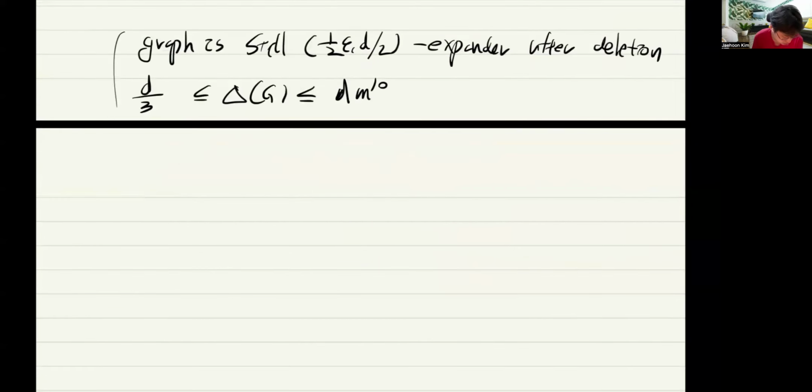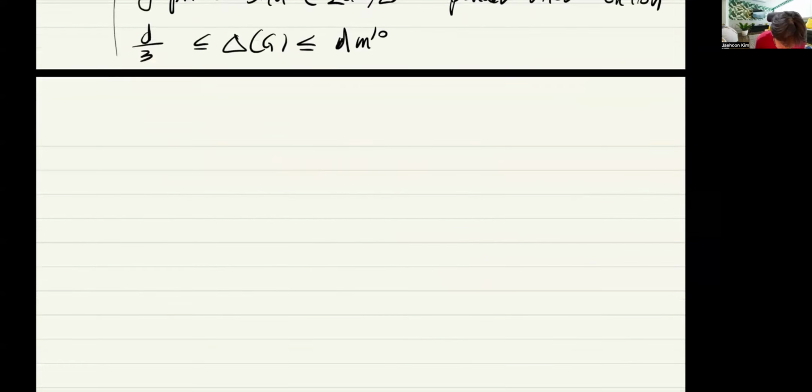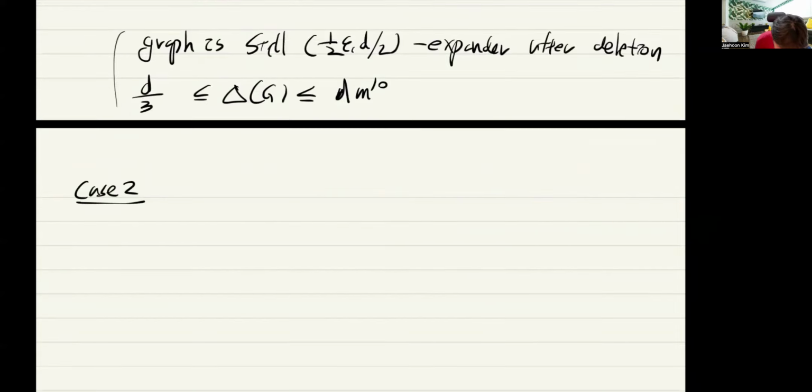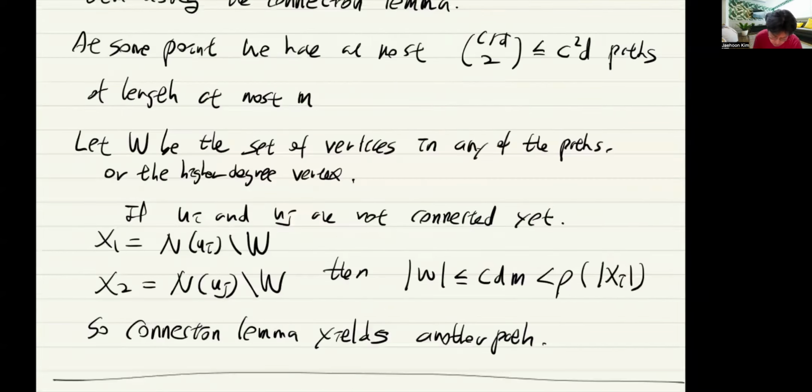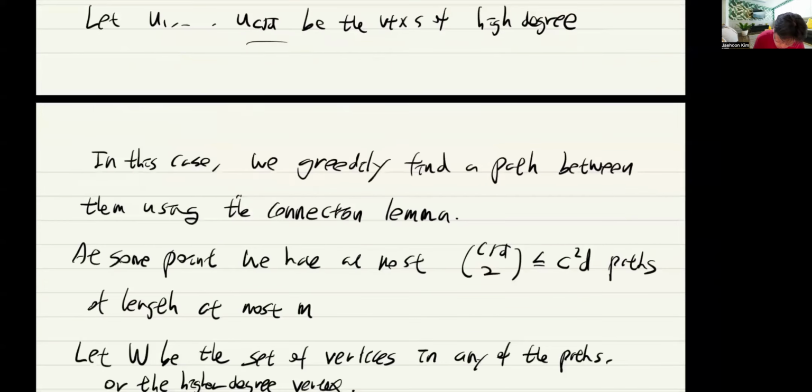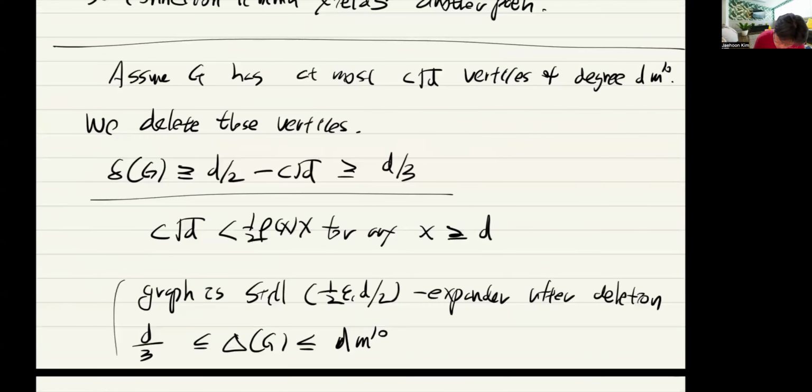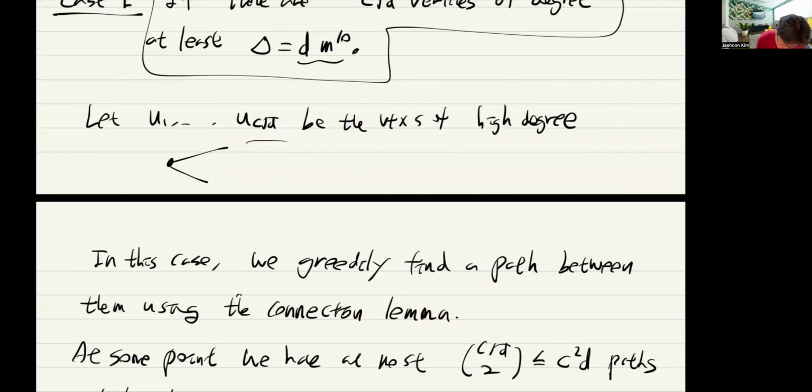Okay, so under this assumption, we assume two things. So let's say case 2. So d is at least log n to the 100. In this case, how do we do it? The previous case was extremely good because you already have lots of vertices with high degree, and this was large enough to connect.